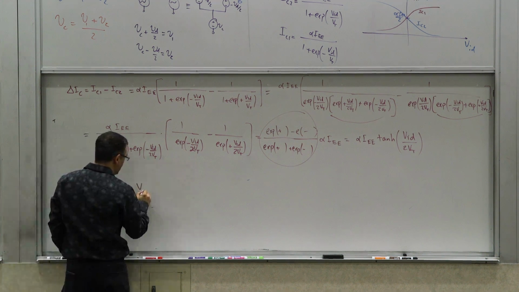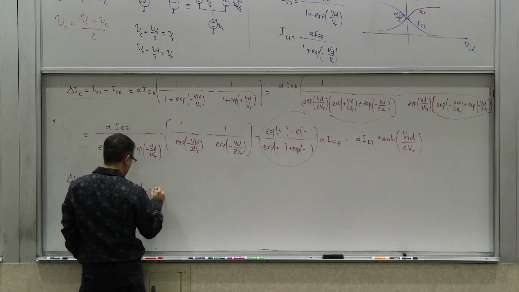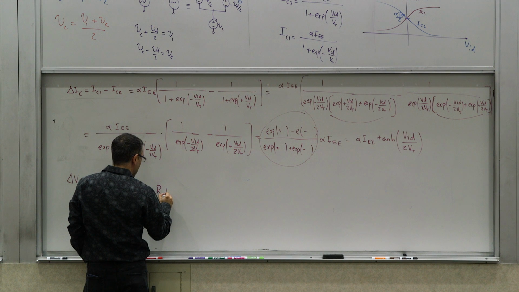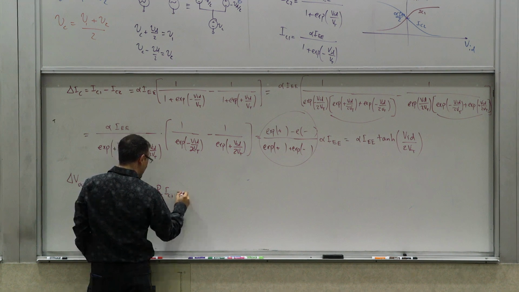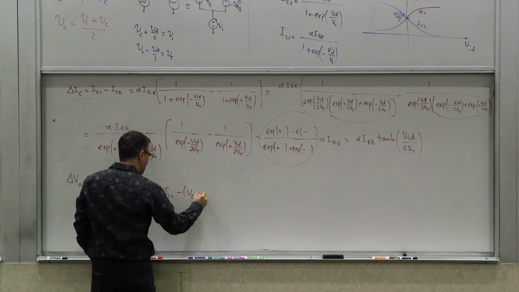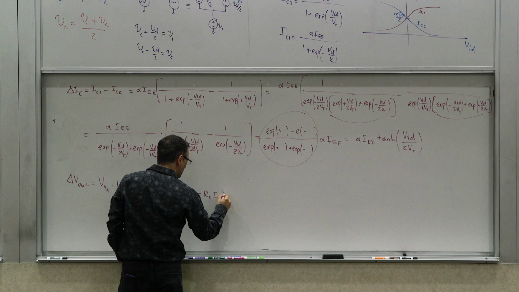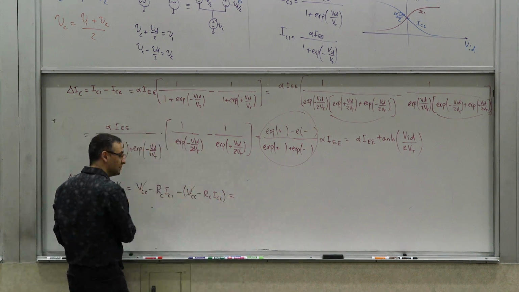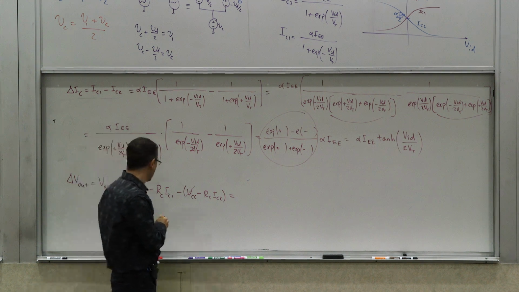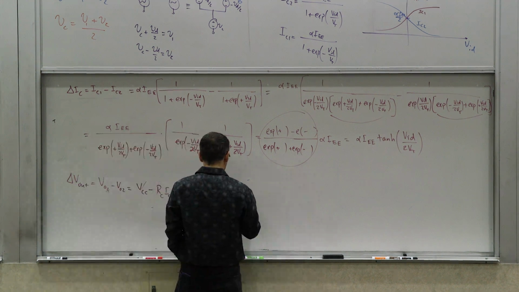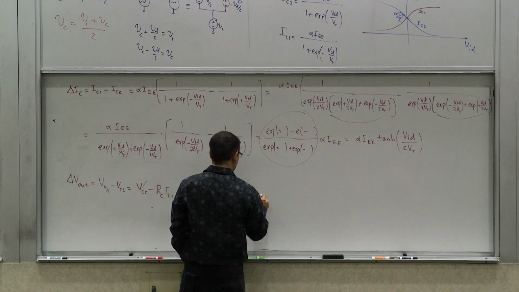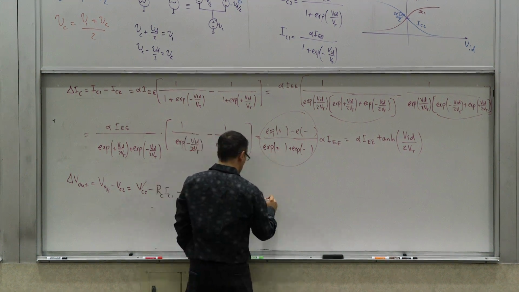So I can write this as V_CC minus R_C I_C1 minus V_CC minus R_C I_C2. You can see that the V_CCs cancel. And then what you're left with is negative R_C delta I_C, which is going to be given by that.